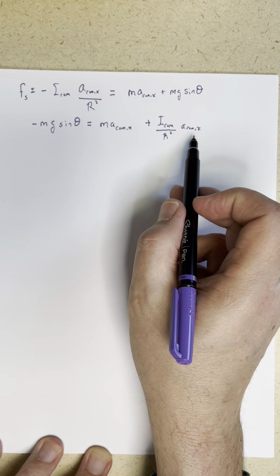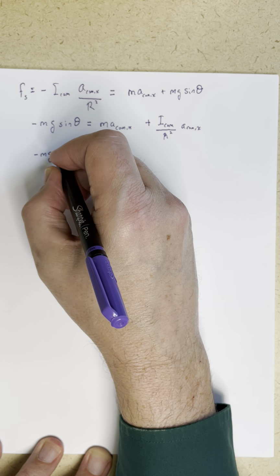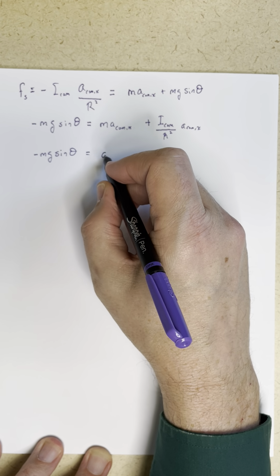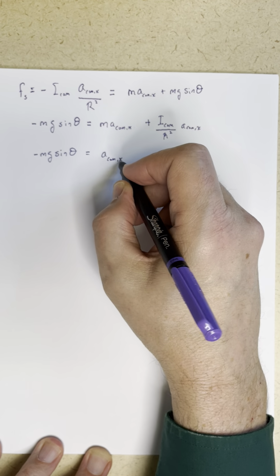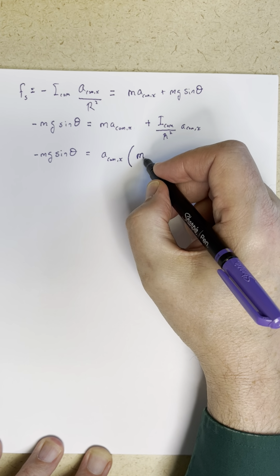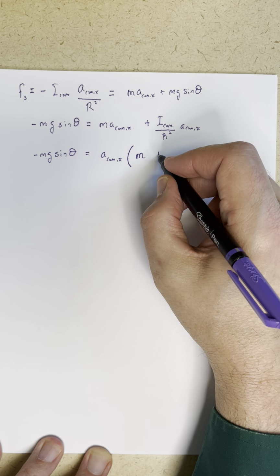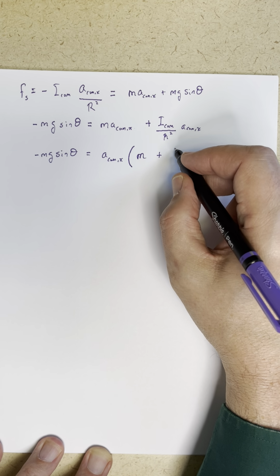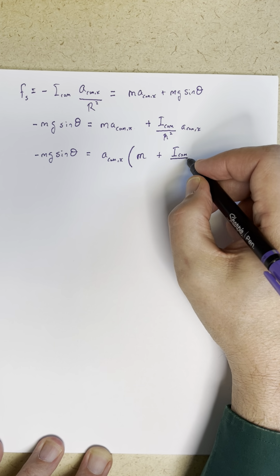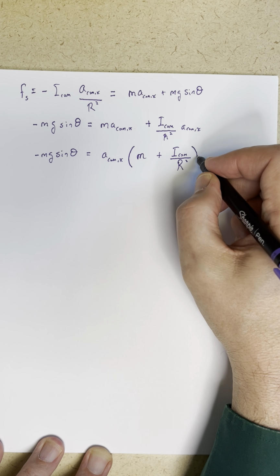So I'm going to factor out that common term: minus mg sine theta is the acceleration of the center of mass x component, and we have a term for linear motion, inertia m, and then a rotational term, rotational inertia about the center of mass divided by the radius squared.